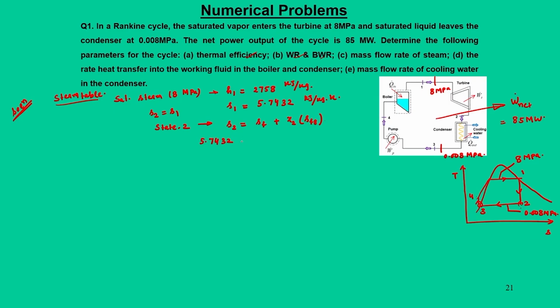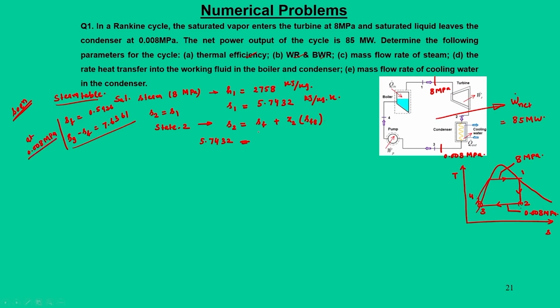So, it is 5.7432 minus SF. SF is 0.5926 and SG minus SF is 7.6361. So, these data are obtained at 0.008 megapascal.